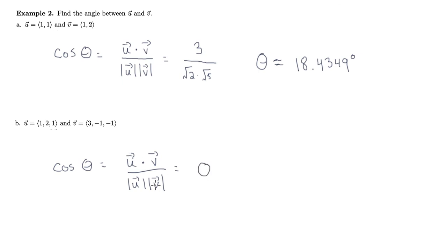So the dot product is 0, and we're dividing by two positive numbers. So it's going to be 0. But what does that mean? That means that the angle, well, remember that the angle has to be between 0 and 180 degrees, or 0 and pi radians. So the angle has to be 90 degrees, or that's pi over 2 radians if you prefer radians.